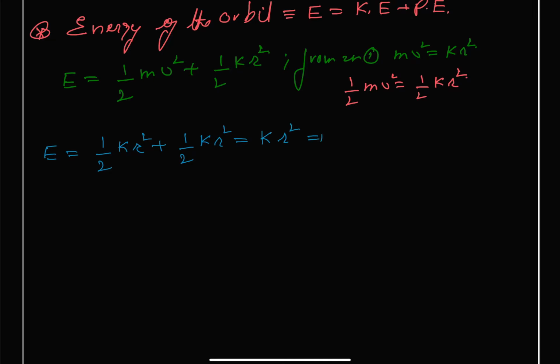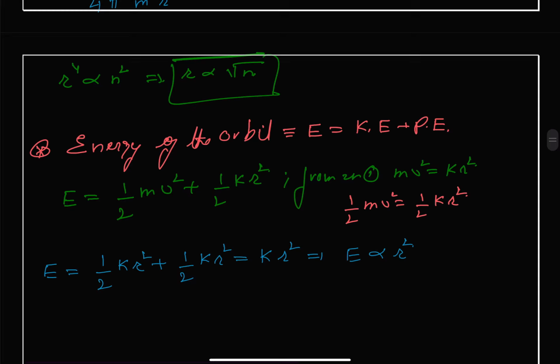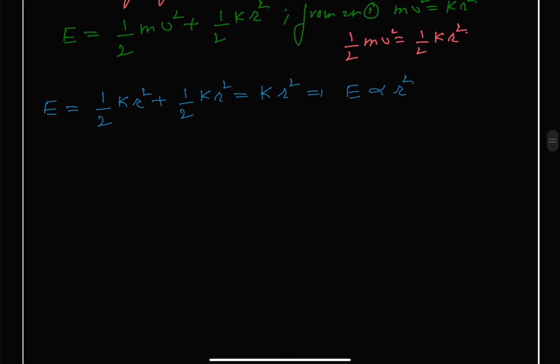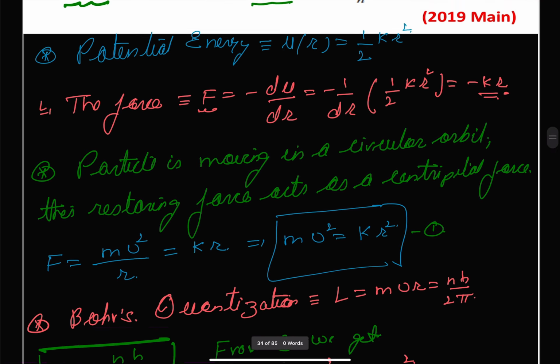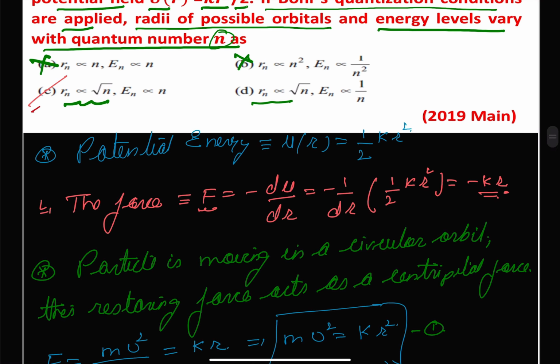This gives us that our energy is proportional to r square, but we know r is proportional to square root of n. Therefore we can say that our energy is proportional to n. So therefore option C is correct.